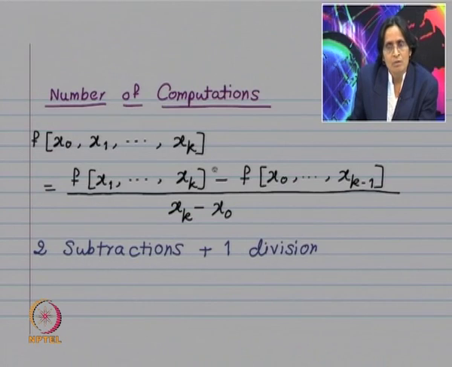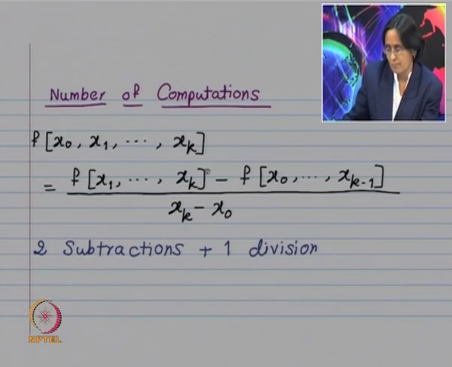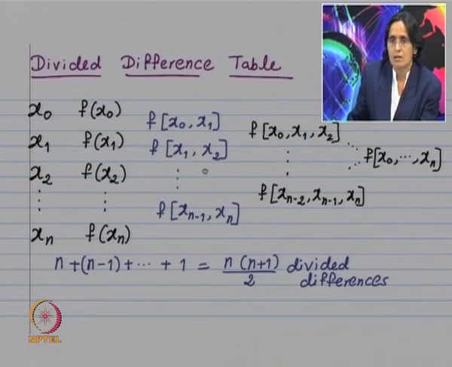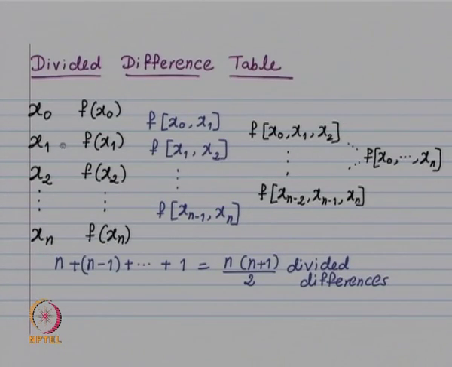Now, this is for one divided difference. So, let us look at the divided difference table. These are our points x0, x1, x2, up to xn. These are the function values. Then (f(x1) minus f(x0)) divided by (x1 minus x0) will give us this divided difference, and so on, and we continue.